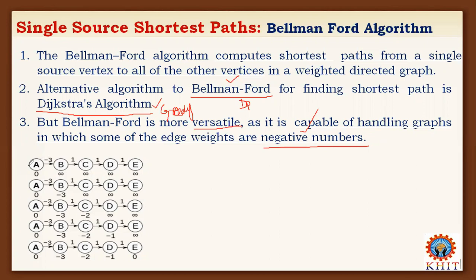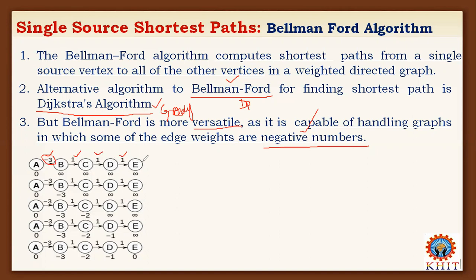If you consider this graph, it contains a negative edge: the edge from A to B is minus 3, and these three are positive edges. That means the graph contains one negative edge and three positive edges. The negative edge and the positive edges can be combined in the given graph.